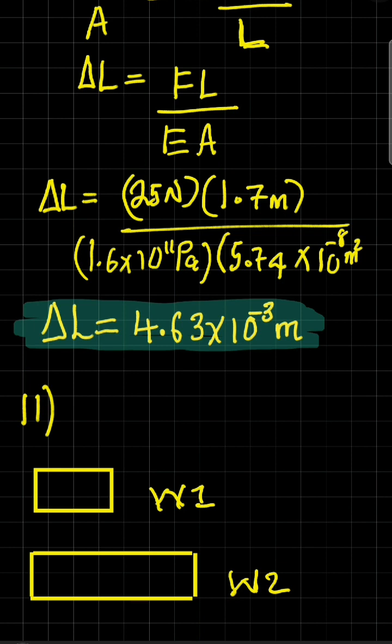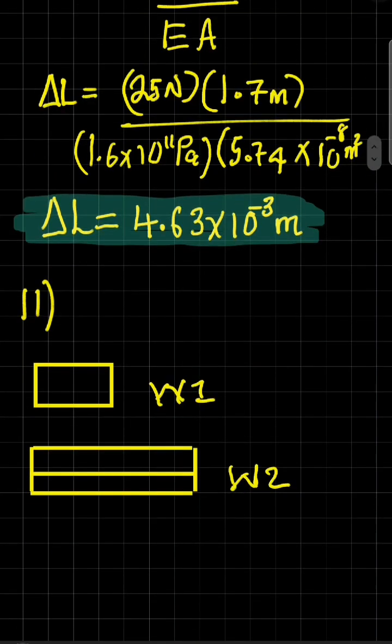Thinking of it again, the volumes of the two wires will only be equal if the cross-sectional area of the second wire was reduced by half after its length was doubled. Then and only then will the two volumes be equal. Let me show you what I mean again.